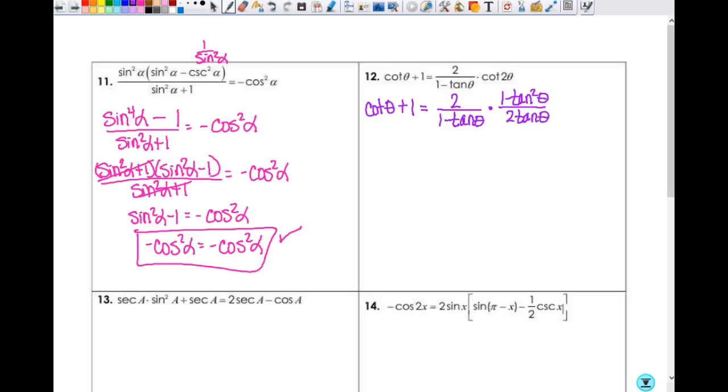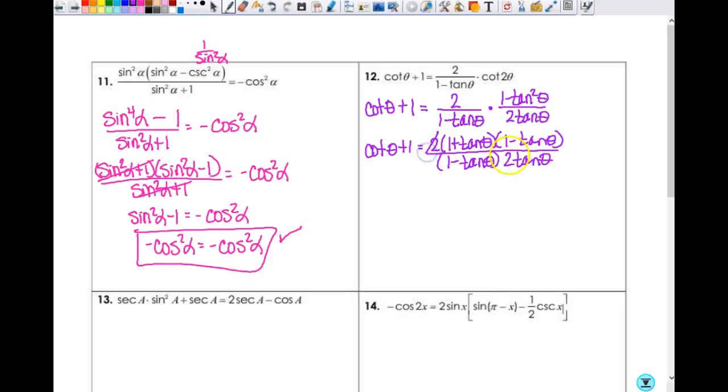So then I combine all that, and I'm going to get cotangent theta plus 1 equals 2 times this, and now this right here is a difference of squares, so I'm going to go ahead and make that 1 plus tangent theta times 1 minus tangent theta all over 1 minus tangent theta times 2 tangent theta.